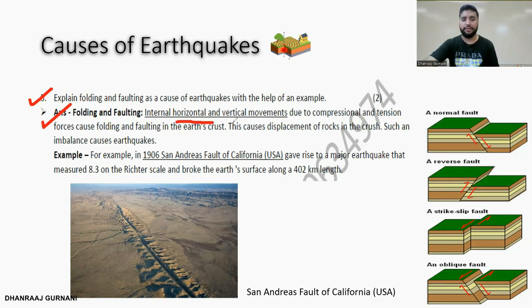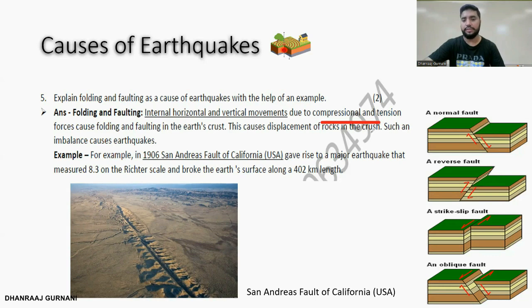Internal, horizontal or vertical movements due to compressional and tension forces cause folding and faulting in the Earth's crust. So these are the 5 keywords to revise.